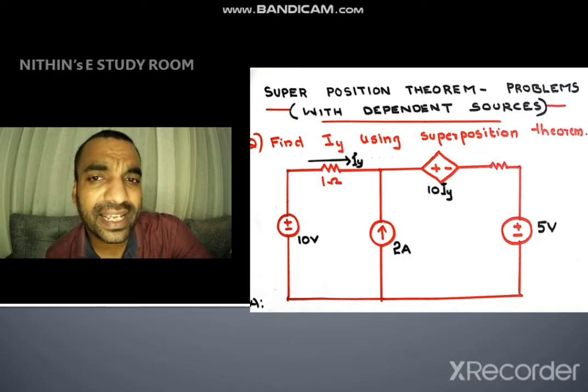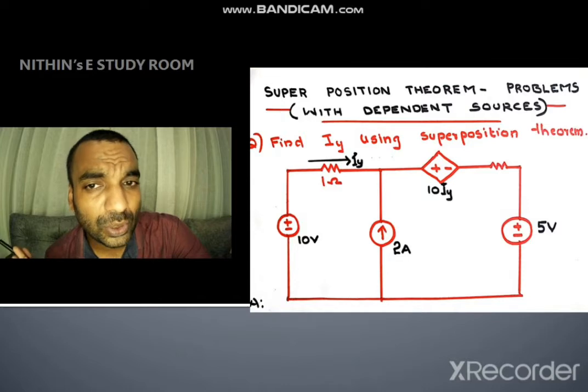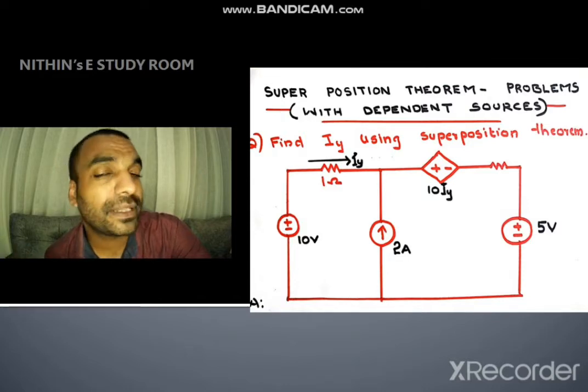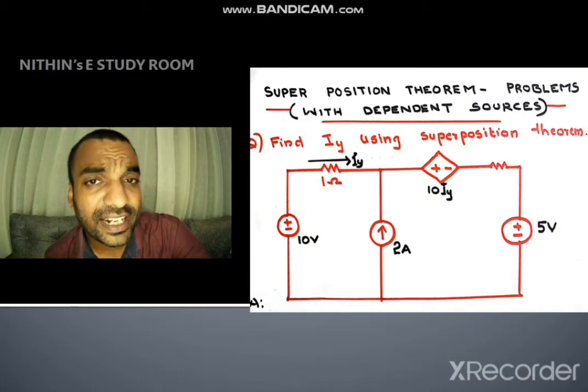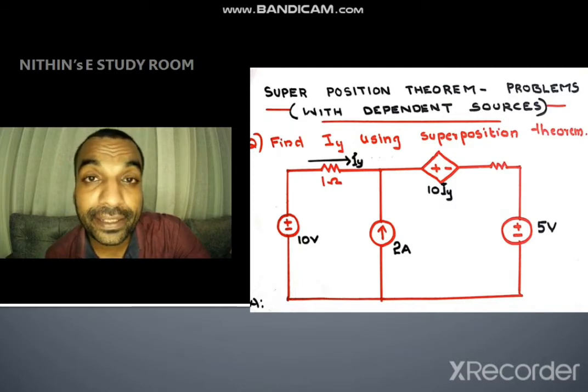And you can also see a current source of 2 ampere. So in total we can see there are 3 independent sources, 10 volt, 5 volt and 2 ampere, and also there is a dependent voltage source, that is 10 IY.